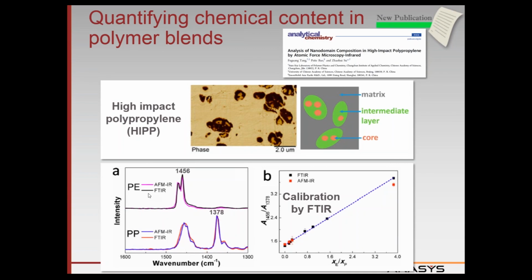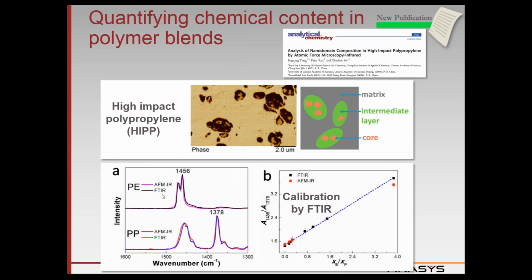And so once you know that there's a good correlation, you can use what you learned from FTIR to inform measurements by AFM-IR. And in specific, they looked at pure materials of polyethylene and polypropylene and noted the characteristic peaks associated with, for example, polypropylene and the polyethylene.